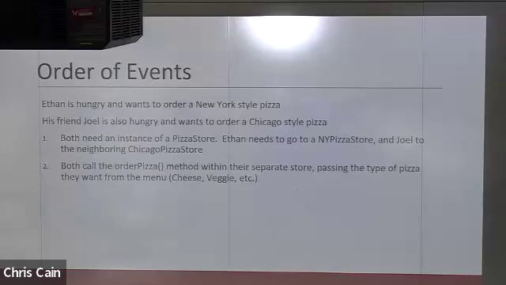So the waiter still just takes a ticket that says cheese pizza back to be cooked. The cook knows if I'm in a New York style pizza restaurant, I should cook a New York style cheese pizza. If I'm in the Chicago style restaurant, I should cook a Chicago style cheese pizza. So that's why the waiter doesn't need to know, or the order pizza method doesn't need to know. You can think of that kind of like the waiter.